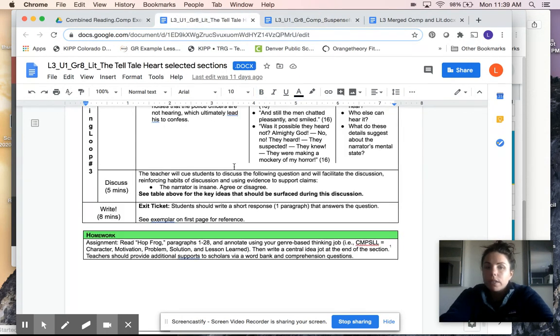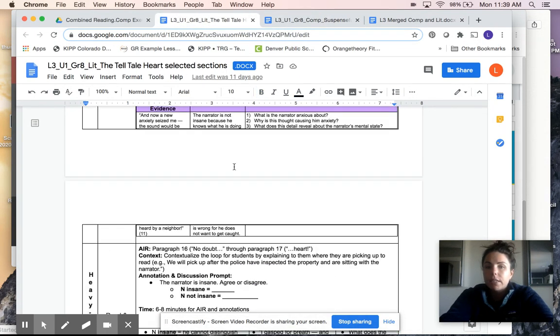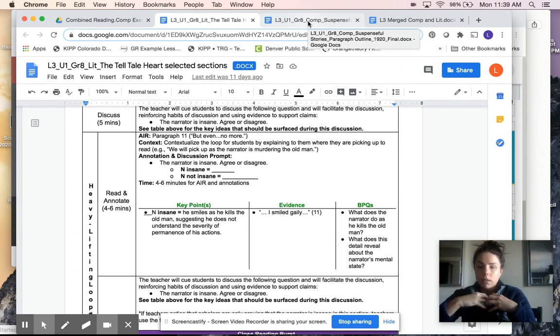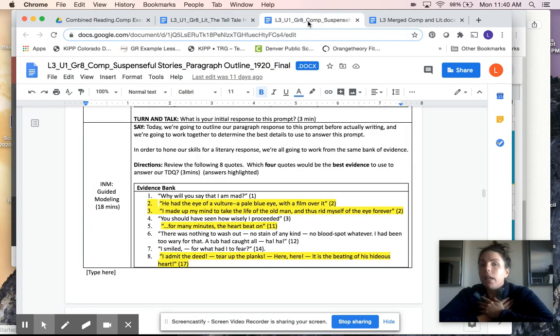All the evidence choices were evidence the kids were expected to ID in the reading work. So I was like, oh, sweet. Then we'll just do the reading, we'll do a close read, and then we'll get into how we're actually choosing the best evidence and organizing that evidence into a paragraph. So to me, that seemed like the most logical process.